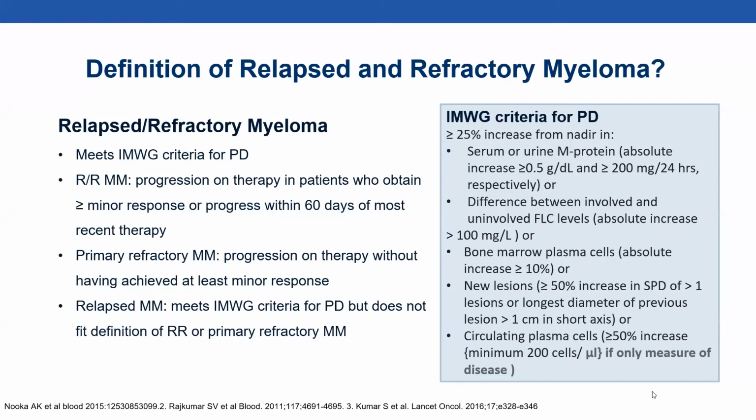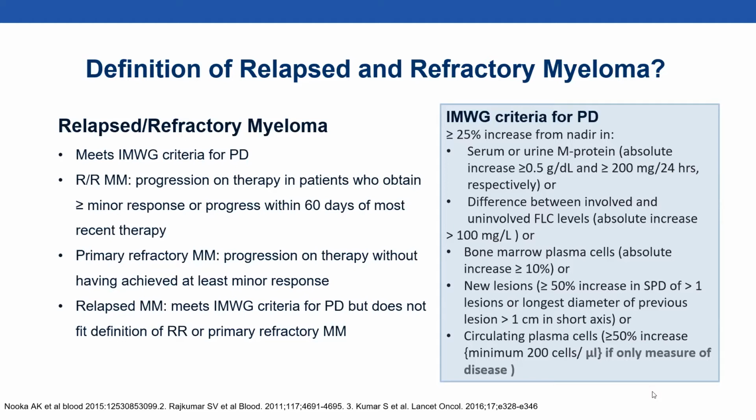As you can see on the right side of the slide, the IMWG criteria for disease progression include an increment of equal or more than 25% from nadir in serum or urine M protein, the difference between involved and uninvolved free light chain levels, bone marrow plasma cells, or presence of new lesions or circulating plasma cells. This indicates disease progression.